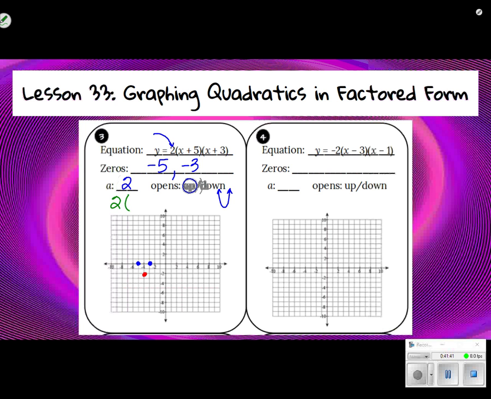So 2 times -2 plus 5, -2 plus 3. So 2 times 3, -2 plus 3 is 1. So 2 times 3 is 6, 6 times 1 is 6, so -2, 6, right there. And then because -2, 6 is on one side, -6, 6 is on the other. And that's symmetry.